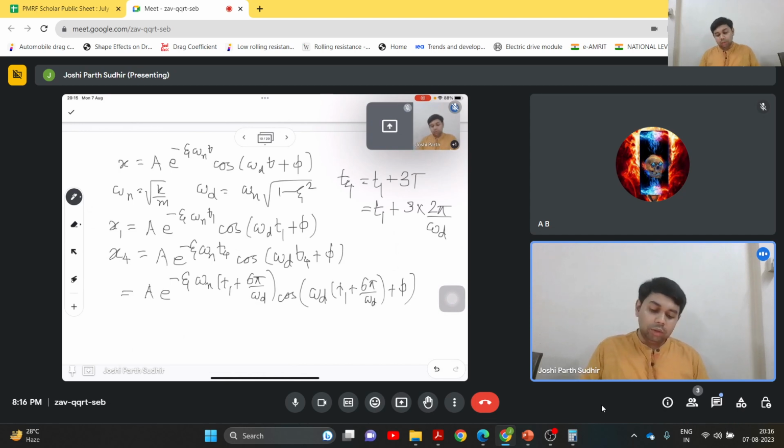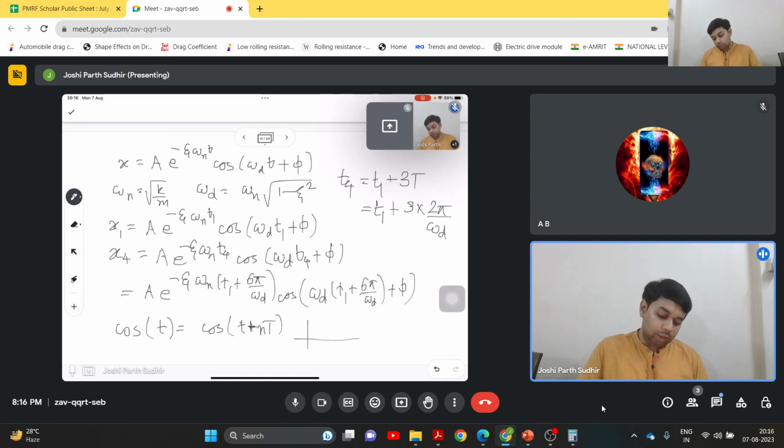Now we know the property of trigonometric functions, that cos of t is the same as cos of t plus time period, right? The value of the cosine or sine function after one time period, or n time periods, will be the same as the value of the cosine function at that point.